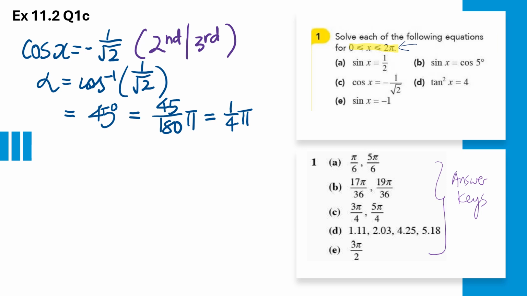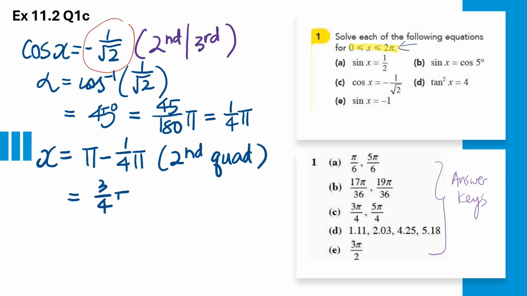Then the next thing is to recognize where your answer must come from, and to recognize that, you will always go back to your original question. Here we're having a negative value, so the value of a cosine function of a negative value will only come from the second or third quadrants.